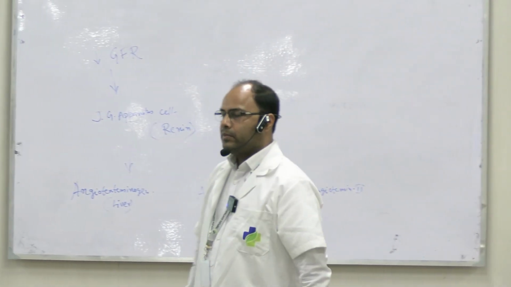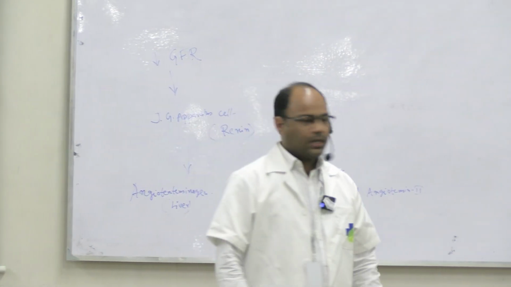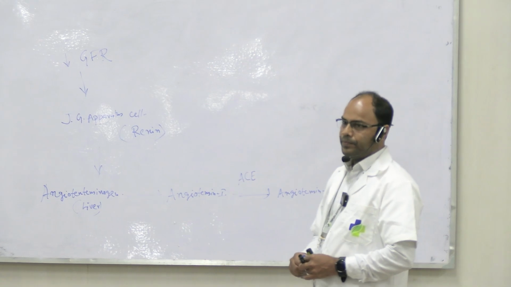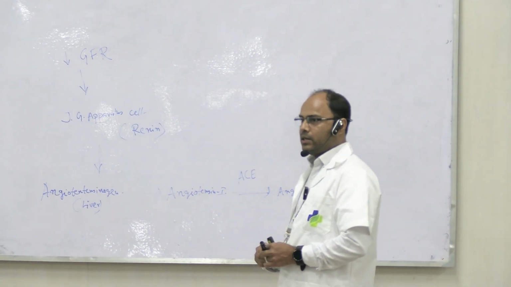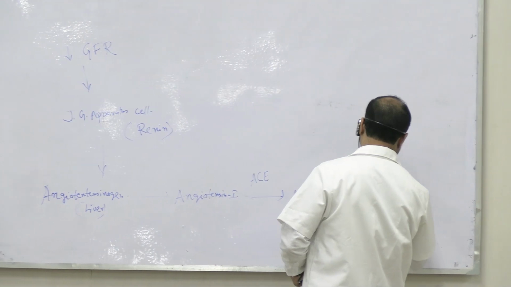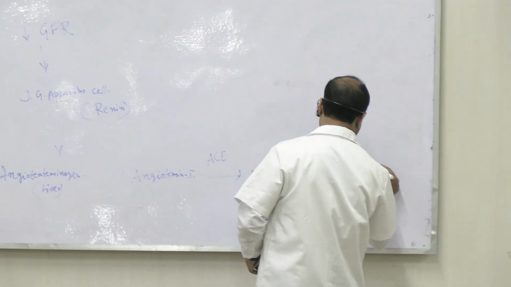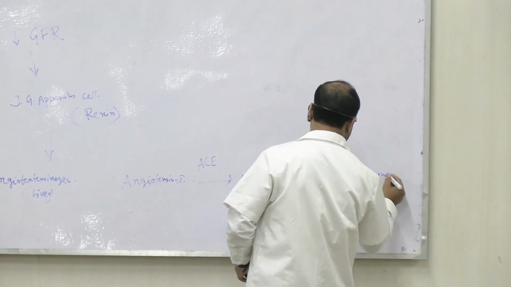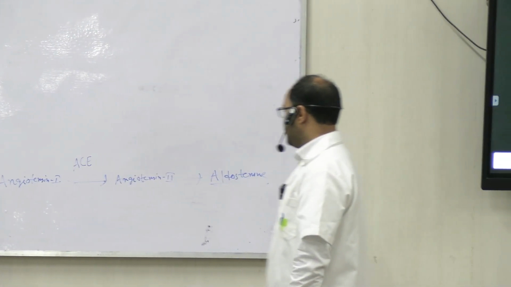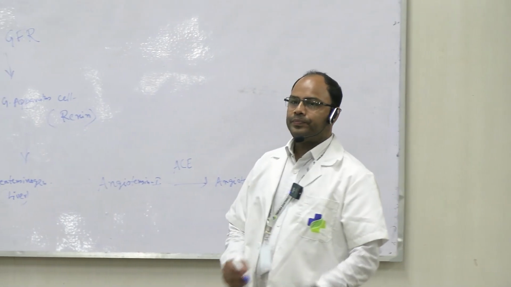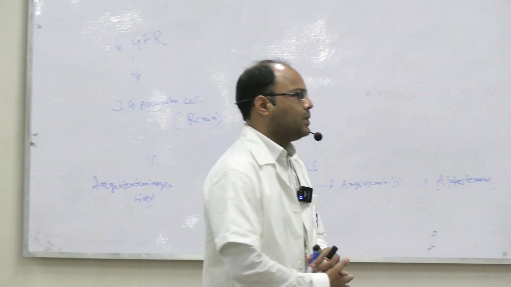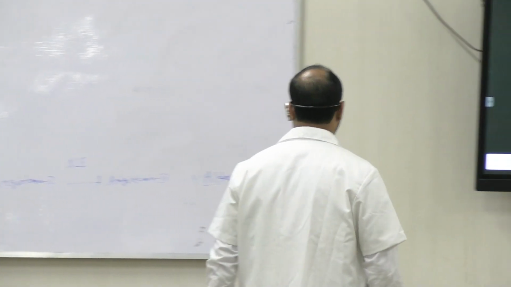They are also present in the suprarenal gland, in the zona glomerulosa, and when they stimulate these cells, they release the hormone aldosterone. Aldosterone reabsorbs sodium from the distal tubule as well as the collecting duct.